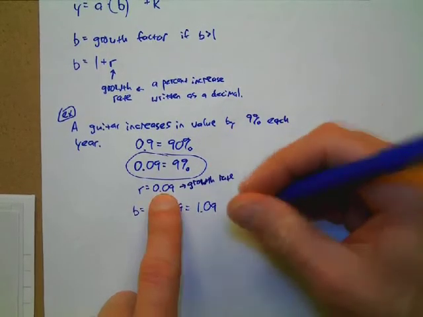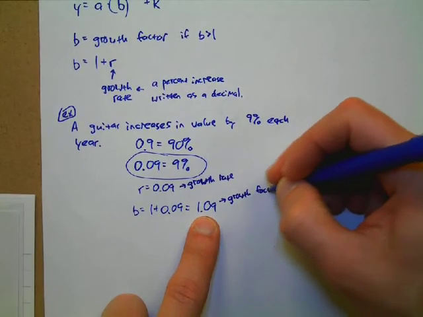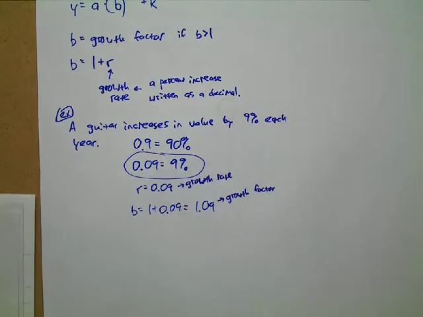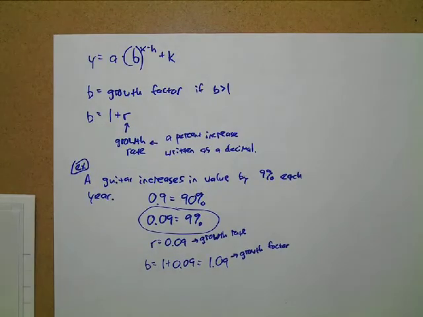The growth factor, what goes into the actual equation there, is 1.09. That b value determines the growth of the value of an object, or the decrease of value. We'll talk about losing value tomorrow with decay.